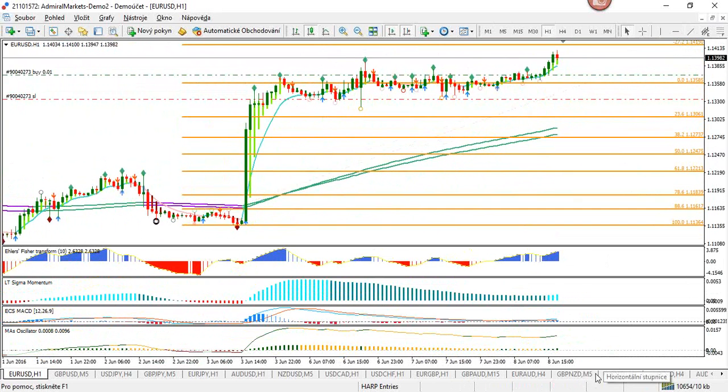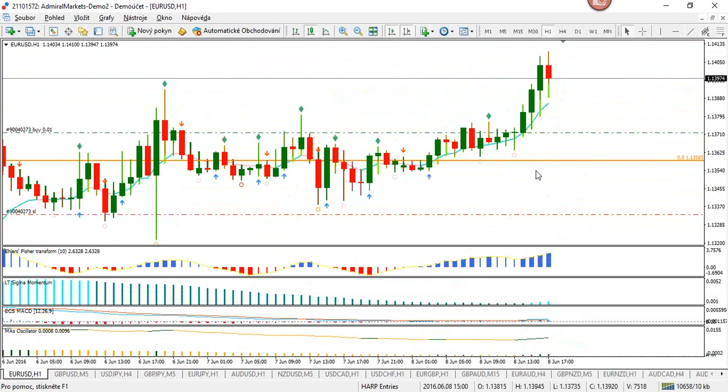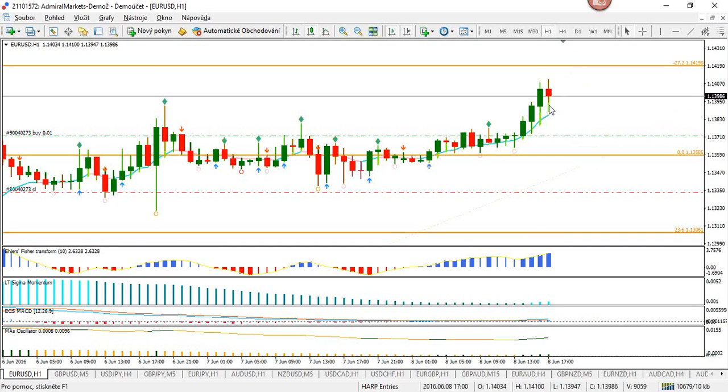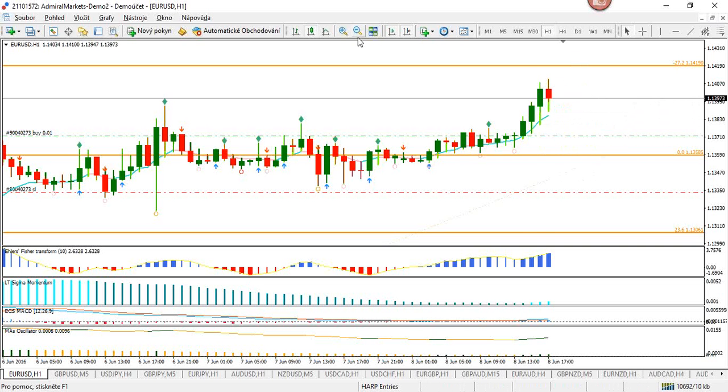So, we're getting close to London close. Wait, it's already, yeah, any second, I guess. So, if it doesn't push fast, then I might just exit on any bearish candle here, or trail stop this bullish candle on the hourly.